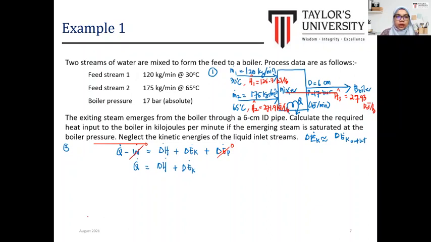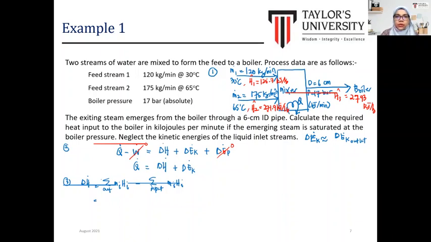Okay, and then we can get this delta H, the unknown, equal to output m h minus input m h. So you can calculate this.